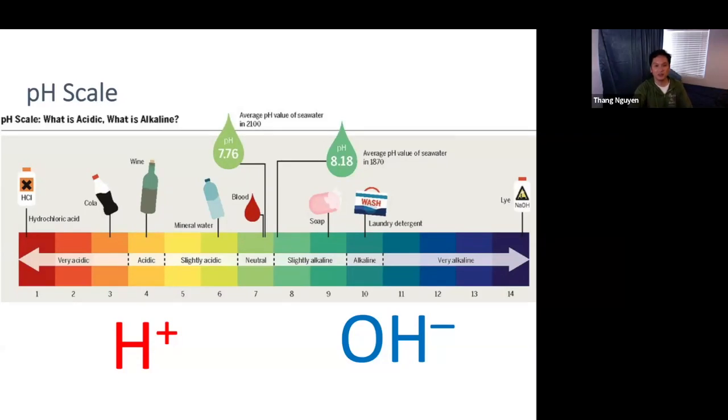The balance of it is very important. Just a slight change will be dramatic. For example, in our body, we have a pretty balanced pH, and if you slightly go off on one end, it would indicate illness or it can cause illness. Yeah, so we'll take a closer look at that another time.